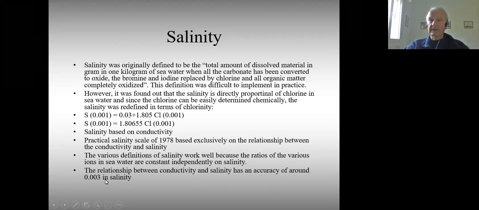And this is what we need in order to describe the water masses in a satisfactory way, because the variations in salinity and temperature in the open ocean are such that an accuracy of 10 to the minus 3 is good enough to distinguish between different water masses. Because water masses, you will see later, are defined by their salinity and temperature.